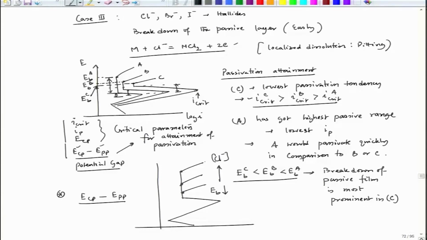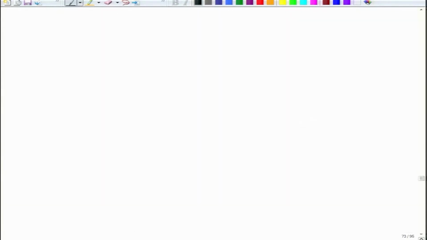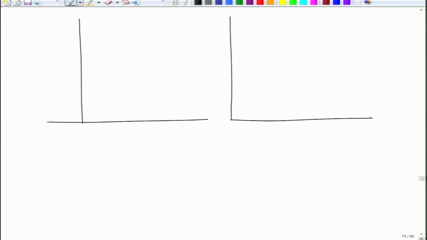So, in order to do that, let us get to a simplistic situation, and consider two situations. This is E volt, this is log I. Now, if the anodic polarization plot looks like this, and let us say we are not talking about oxygen evolution, rather we are talking about the transpassive region.